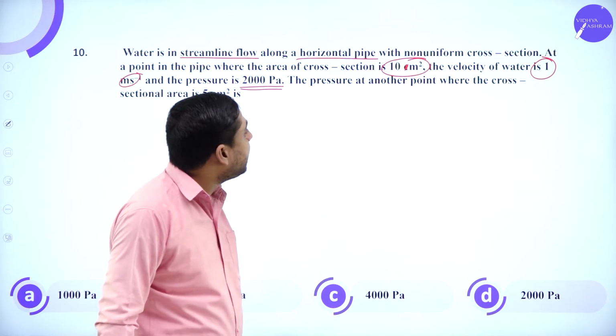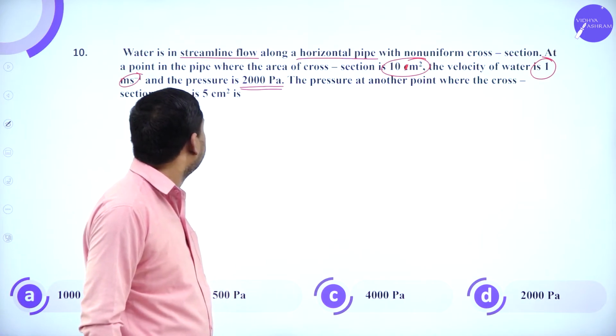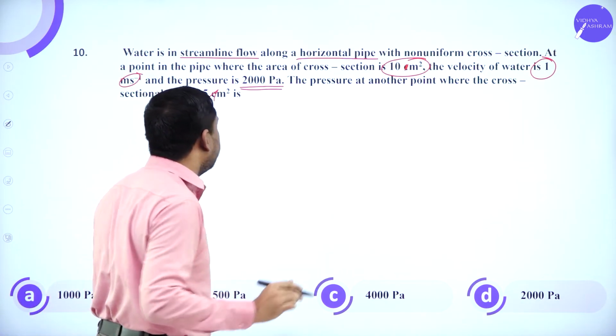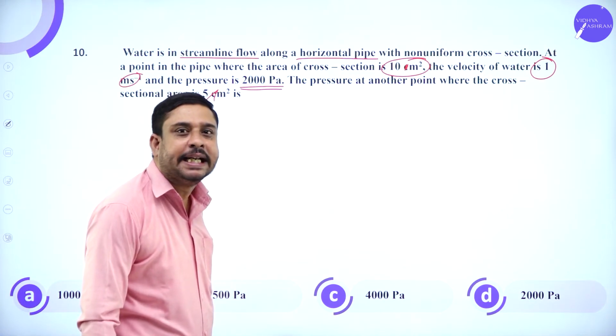The pressure at another point where the cross-sectional area is 5 meters square.